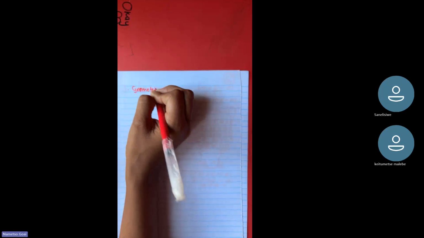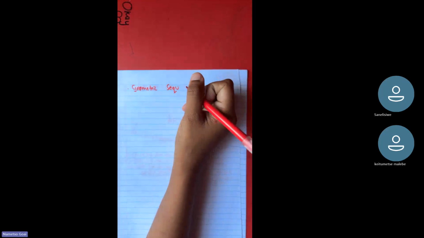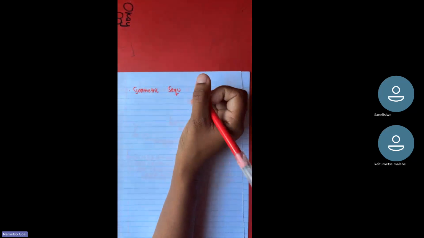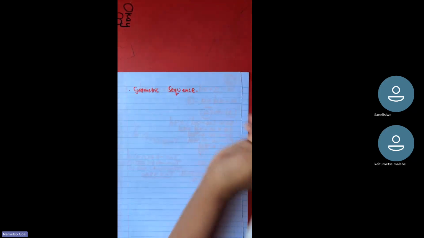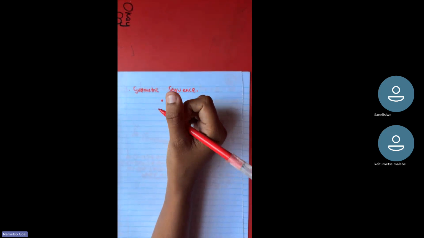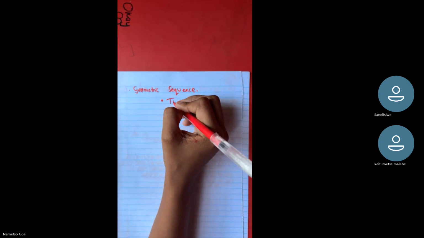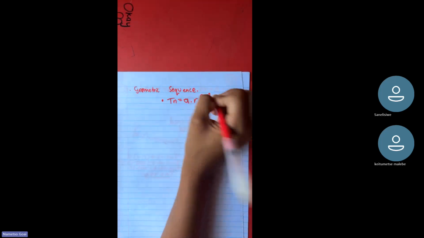Okay, so now we have geometric sequence. How this one differs from the other one is that instead of a common difference, we have a ratio. But we'll get into that. So remember the other one, its general formula was Tn equals A plus (n minus 1) multiplied by D. This one, its general formula is Tn equals A multiplied by R to the power n minus 1.